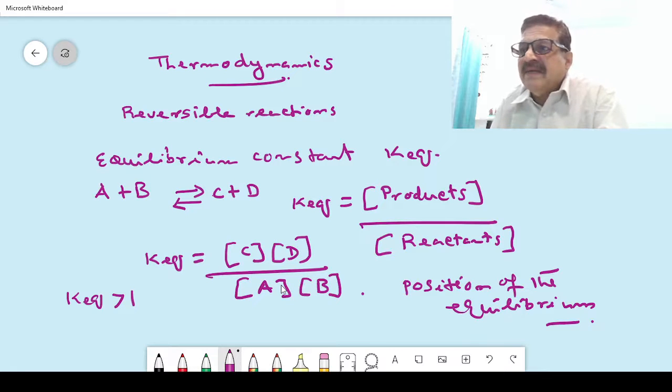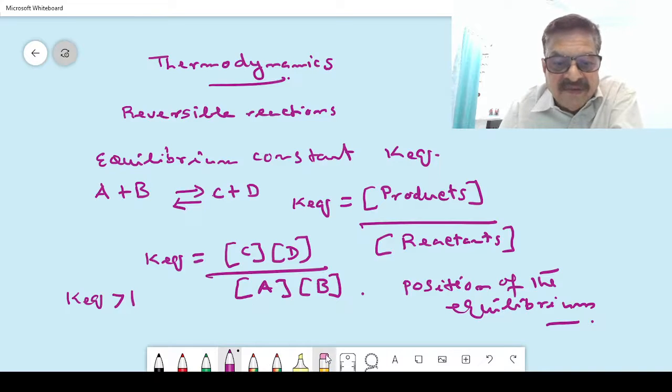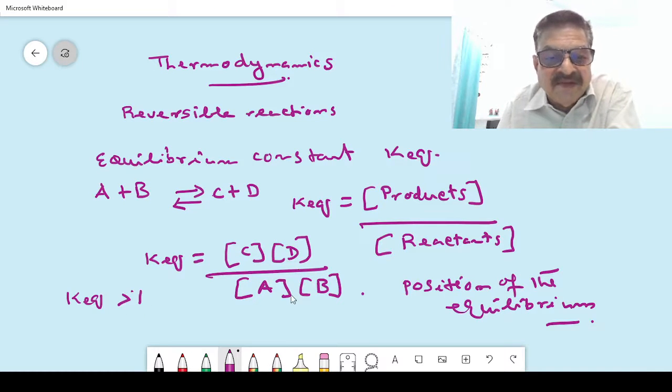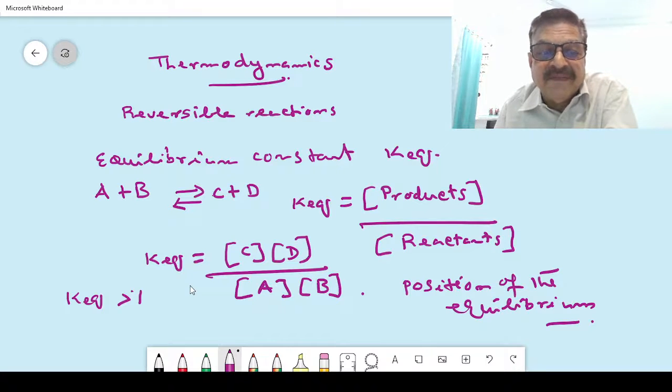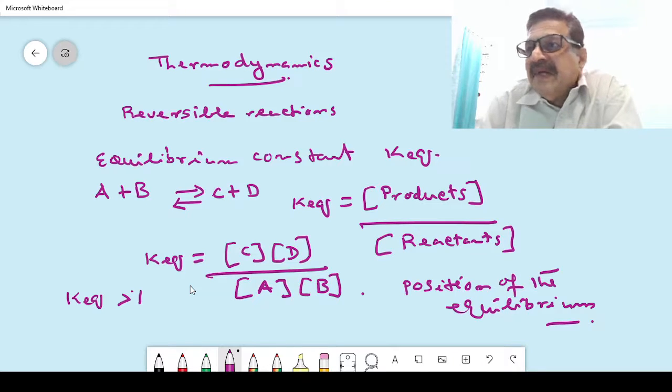Okay, this is one situation, KEQ greater than 1. When CD is more than AB, that means the reaction favors the formation of the products here. That is, when KEQ is greater than 1, the equilibrium favors the products.